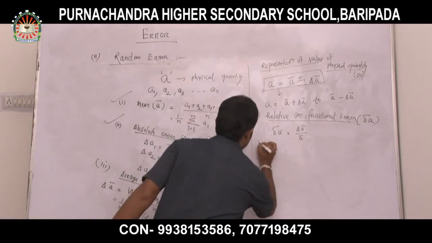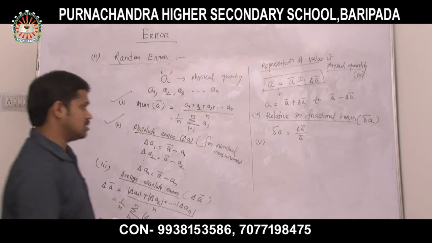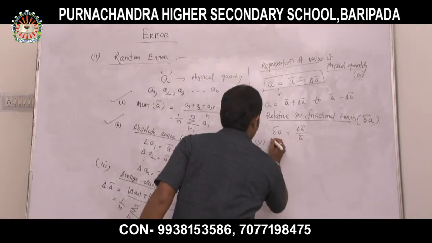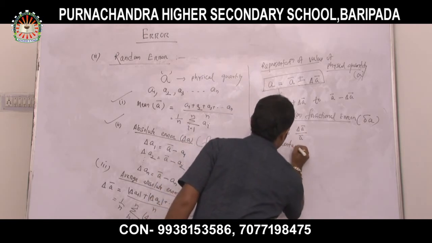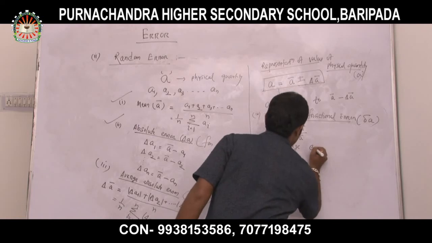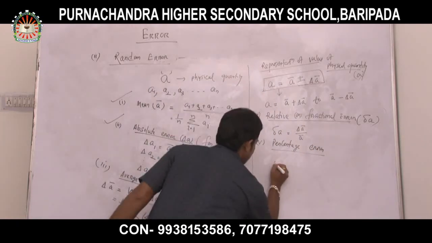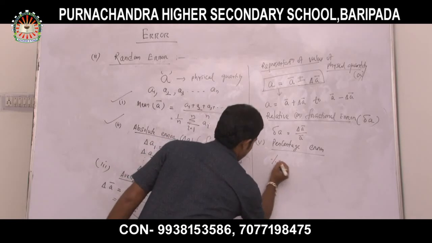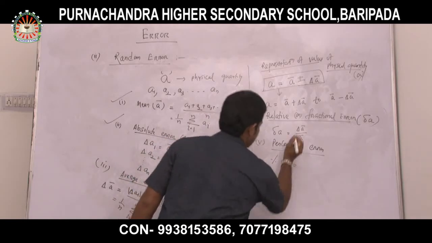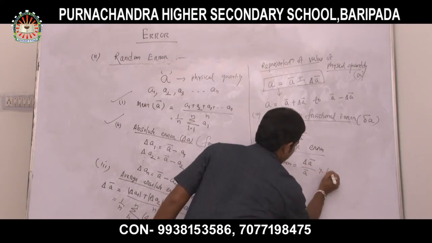Clear? And last but not the least, we are going to find out the percentage error. Simple, your percentage error is equal to del A bar divided by A bar into 100.